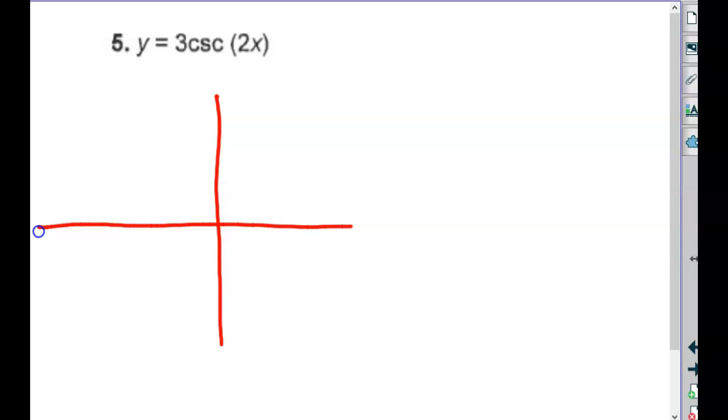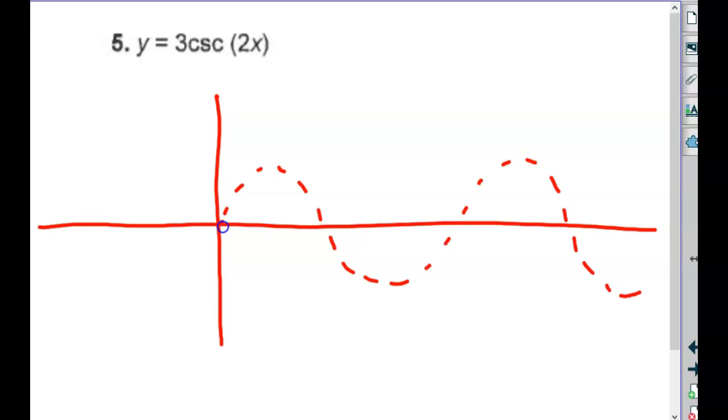All right, so real quick, tell me how to do this one. Okay, what can you tell me about the sine graph that I'm going to draw? The amplitude is 3 and negative 3. It's going to be 1 pi period.